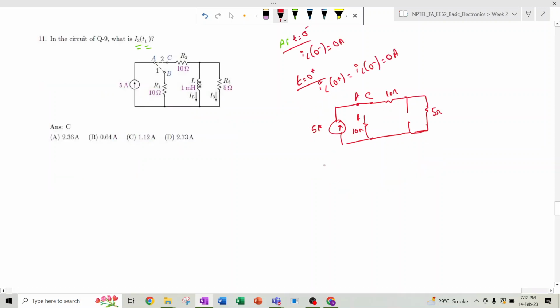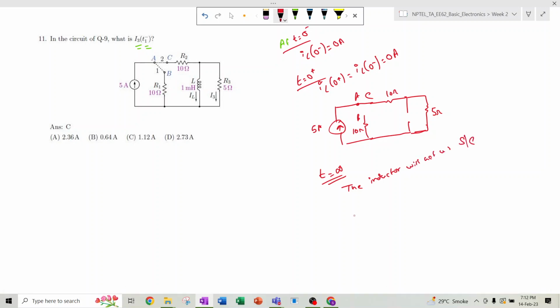Now suppose for t equal to infinity, throughout the infinity time this is the condition, then how should the inductor behave? At t equal to infinity, the inductor will act as a short circuit.